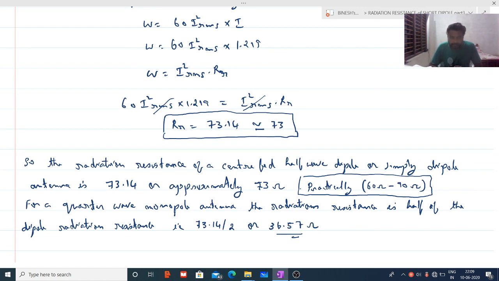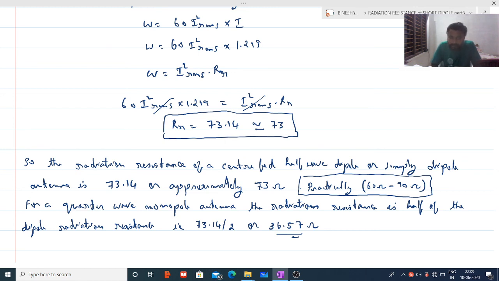So this is something regarding the radiation resistance of a half-wave dipole antenna. Till here the derivation portion is completed. That is the analytical part of antennas in the second module.